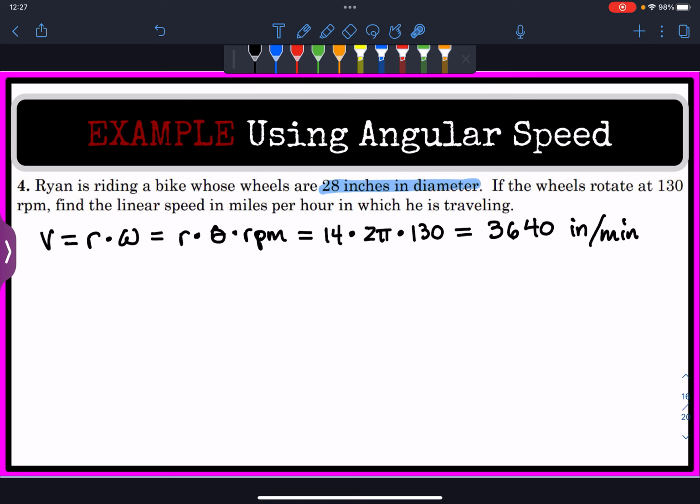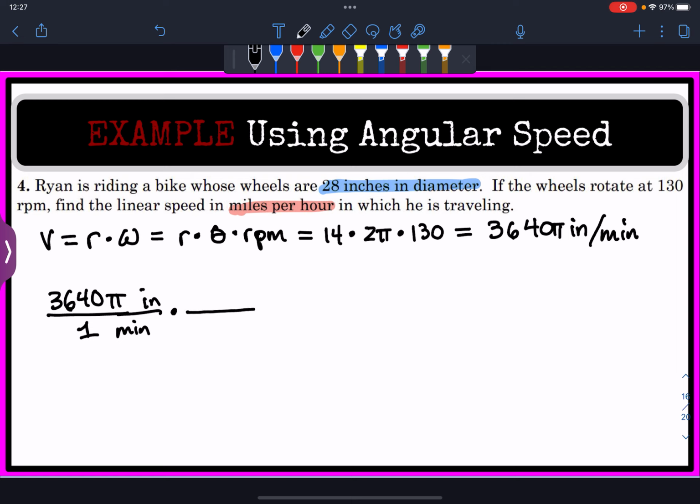Now we want to change this into miles per hour. So let's see how many miles per hour that is. Oh, I forgot the pi here. So 3640 pi inches for every 1 minute, per minute. So every 1 minute.